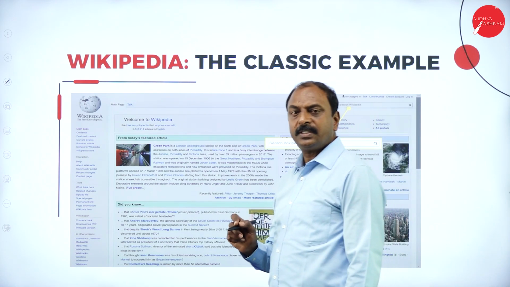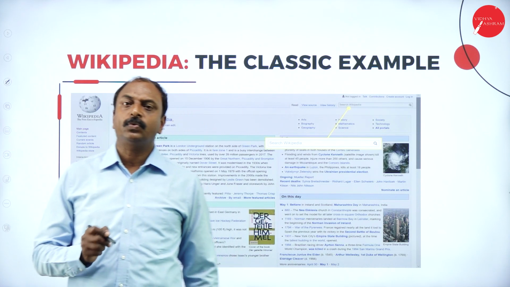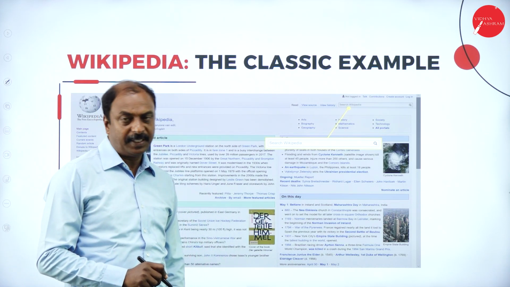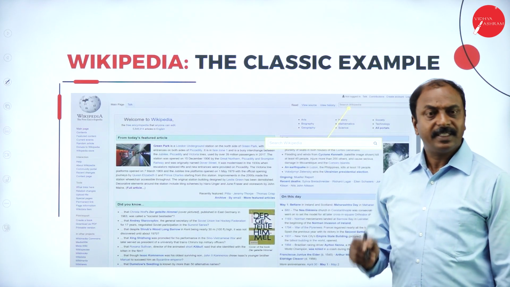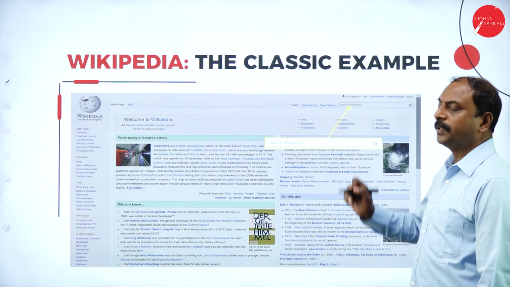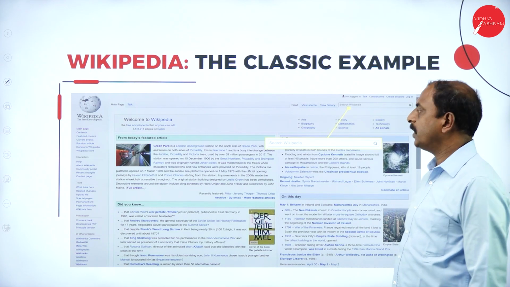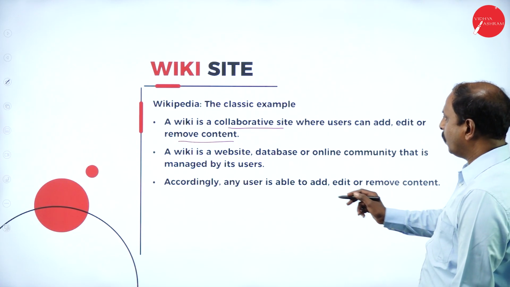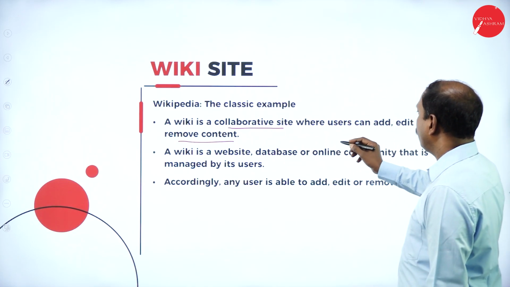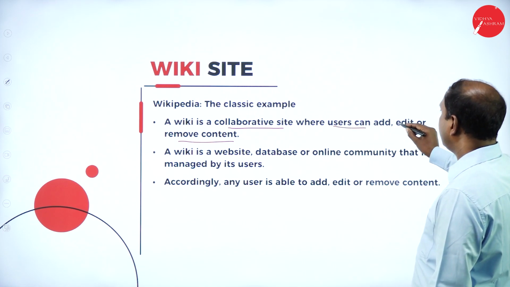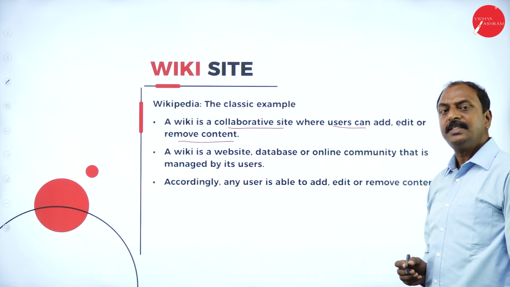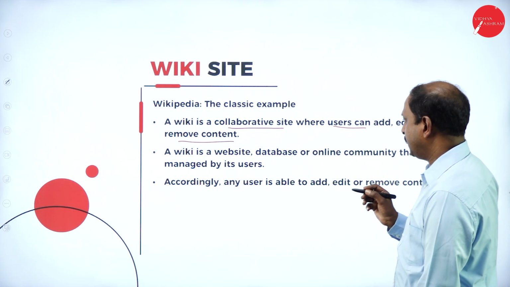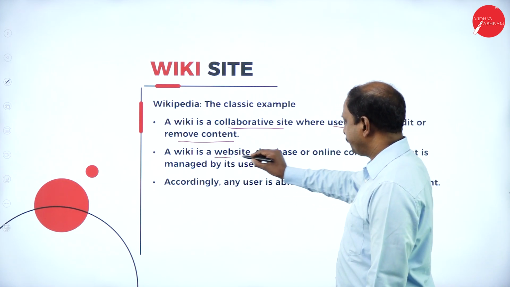Here the users have an option to add their own page, that is called a wiki page, or you can also have a wiki site where all others can contribute to the particular site or page. That is the meaning of a collaborative site where any user can add, edit or remove content. That is the definition of a wiki site or a wiki page, and it is a website.